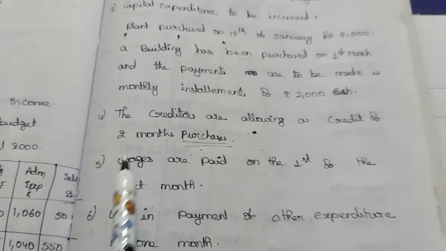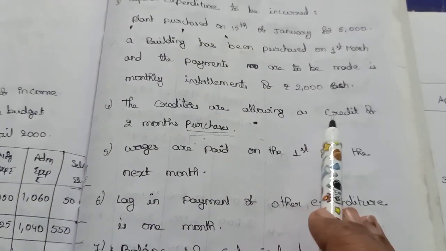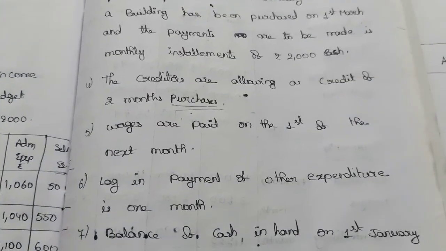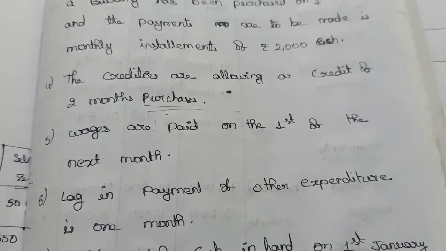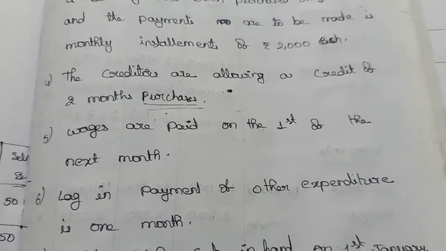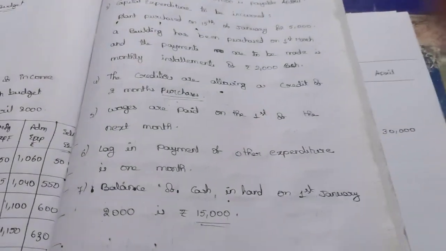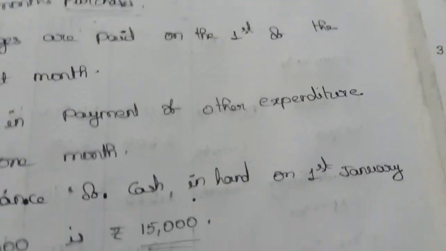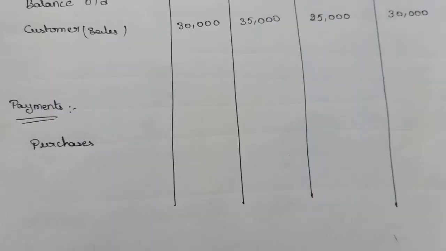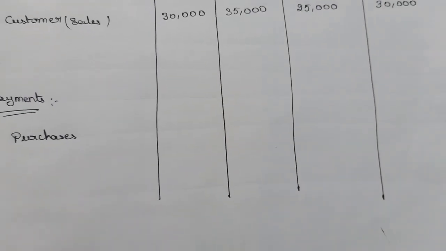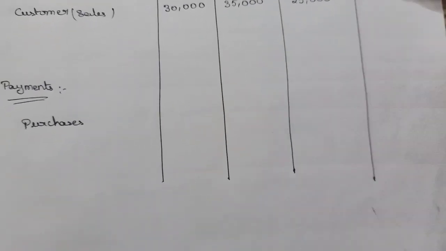See here, the creditors are allowing a credit of 2 months purchases.